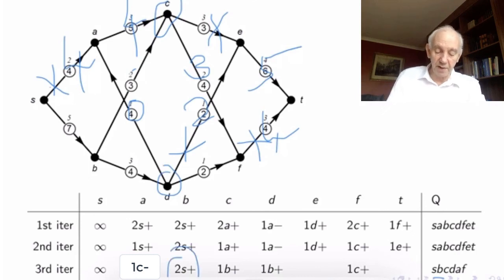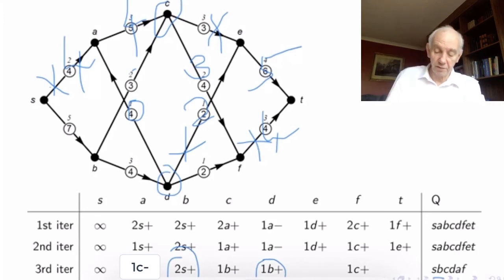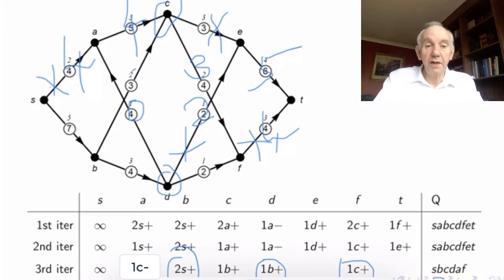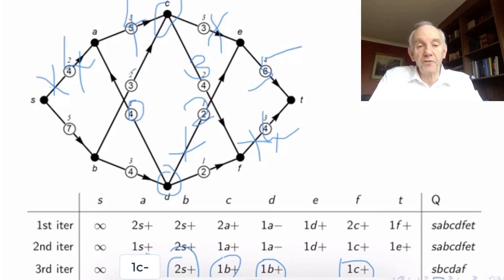So we can get both B and D. And then we look at C. C can still see F. A can also be seen from C. But we can't actually get any further. We can't find spare capacity or non-zero flow coming in to do any more labeling.